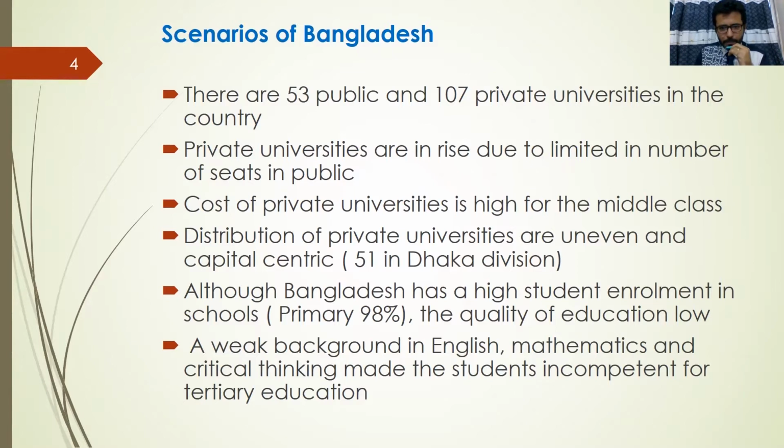The distribution of private universities is uneven and they are basically located in the Dhaka division. Though Bangladesh has high student enrollment in school and college, 98% in primary, the education quality is low, as the English, mathematics and critical thinking capabilities of school students are poor.